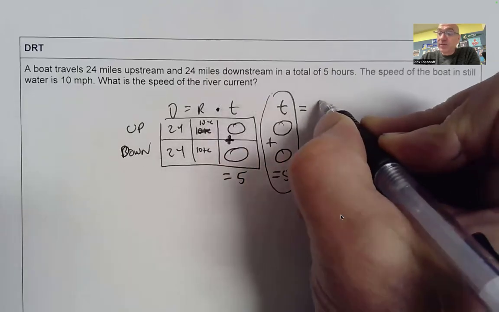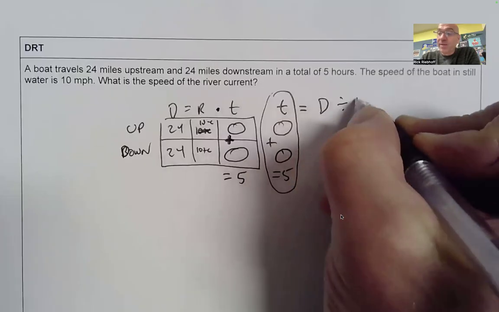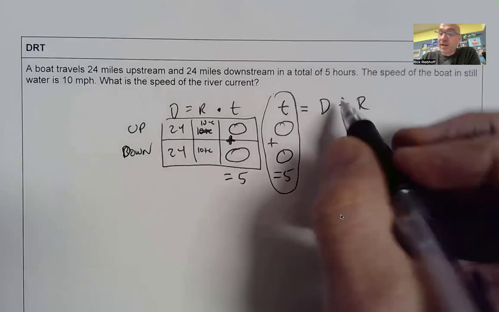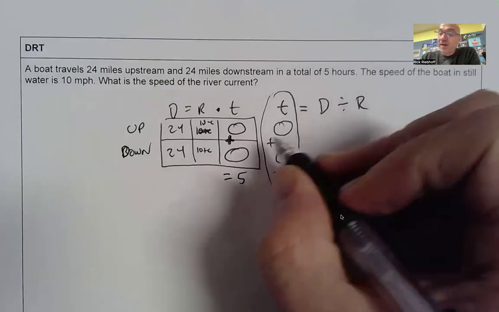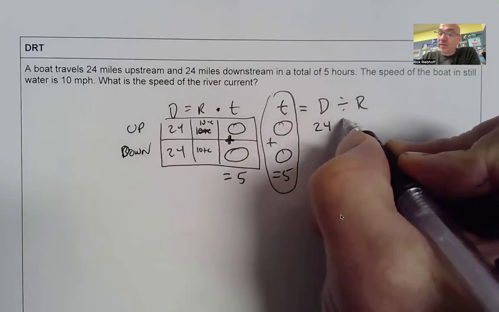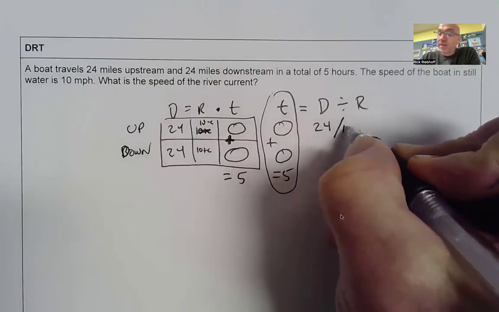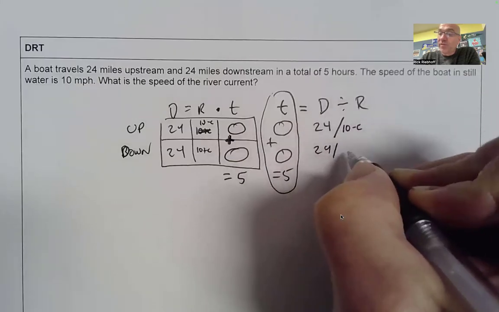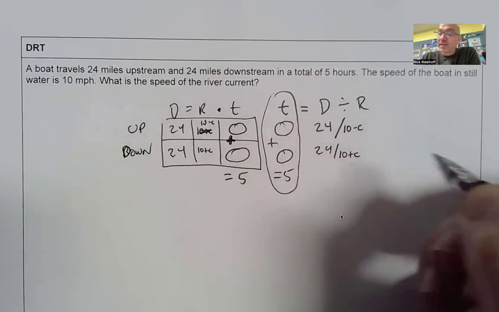Divide. So t is equal to d divided by r. So for the first one, upstream, it's going to be 24 divided by 10 minus c. And downstream, it's going to be 24 divided by 10 plus c.